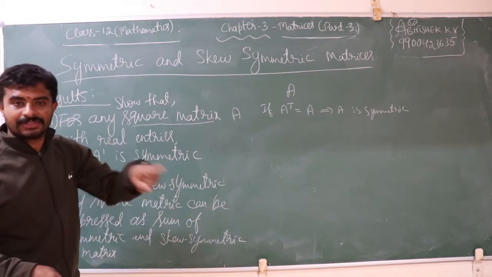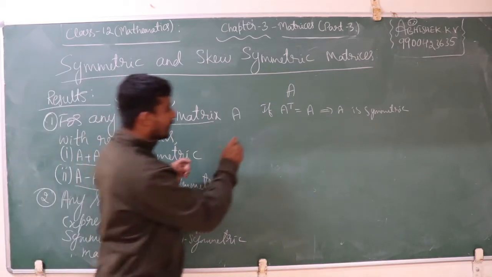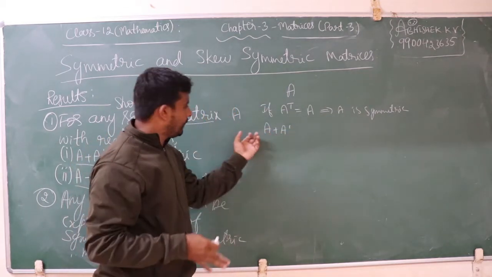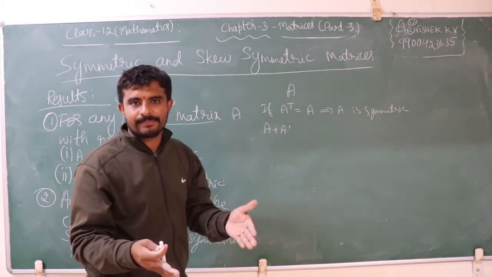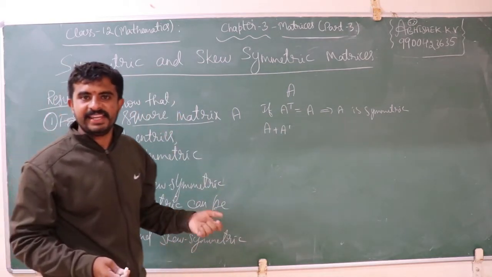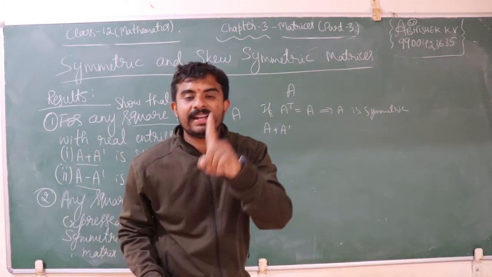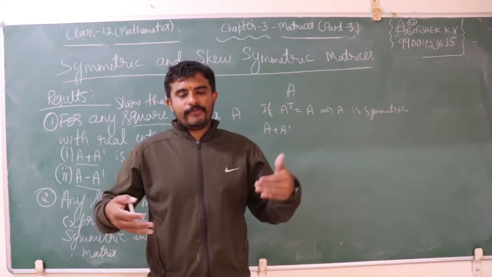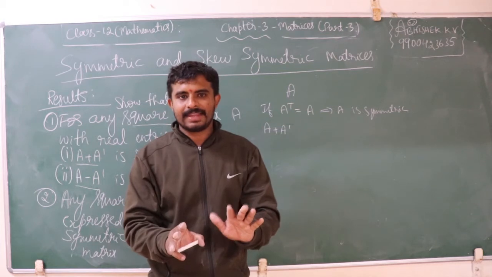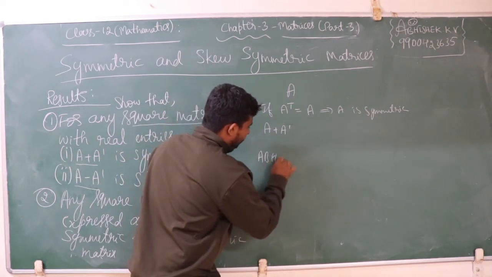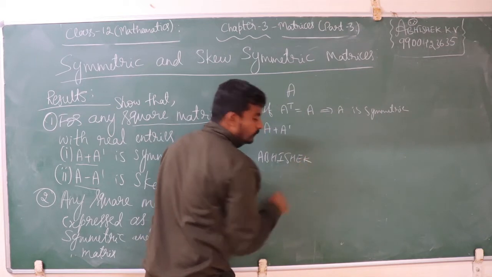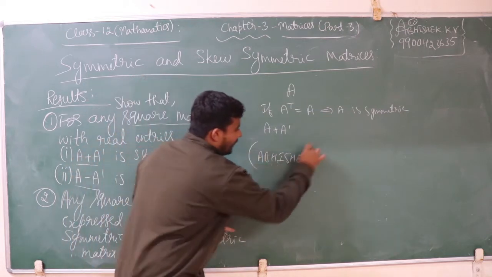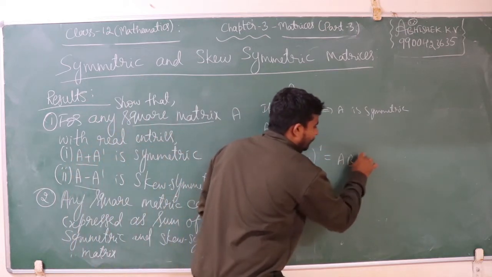But here we need to prove what? A plus A dash, that is A plus A transpose, is symmetric. See, if I consider A plus A transpose as the whole matrix, the sum of these two matrices is one matrix, and we need to prove it is symmetric. See, a matrix A is said to be symmetric if the transpose of A is equal to A. If I consider, my name is Abhishek, if I consider Abhishek as a matrix, and Abhishek is said to be symmetric, then Abhishek transpose is equal to Abhishek.